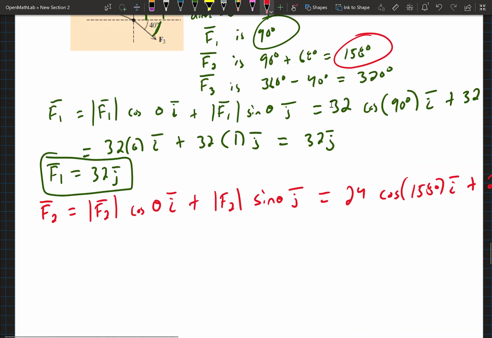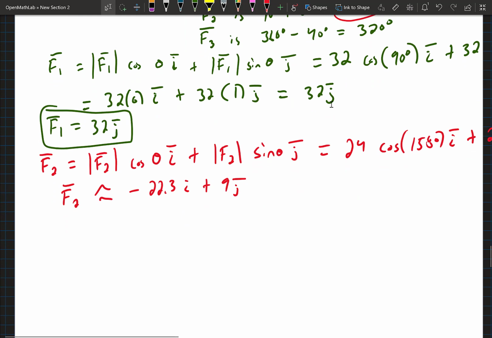Using my calculator and rounding to the nearest tenth, that gives me negative 22.3 times i plus 9 times j. We'll need to have that handy.